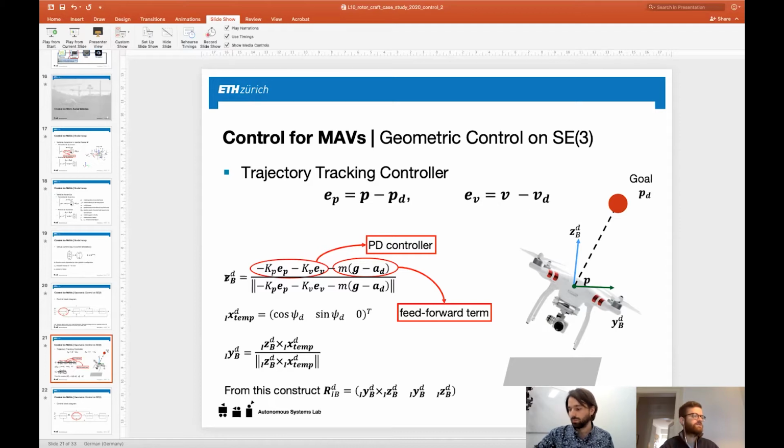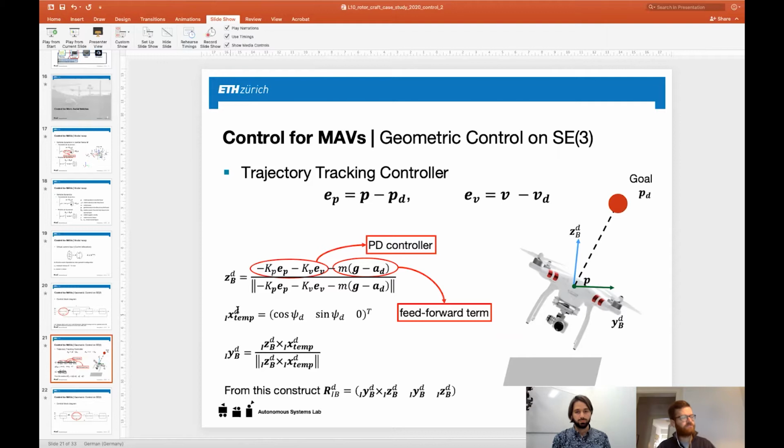And then we create this desired attitude by creating the three axes of this desired attitude individually. So first of all, the desired z-axis of the desired attitude just follows from this PD term, plus also the gravity compensation. Then once we have the z-axis of this desired attitude, we can create a temporary x-axis.